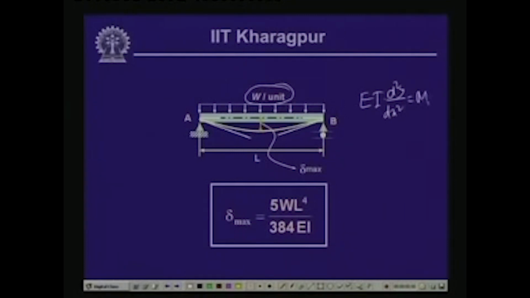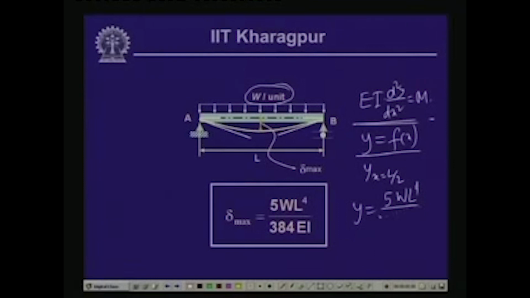If we do that, we can get the value of y as a function of x, and then if we evaluate y at x equals L by 2, we get the expression y equals 5 W L^4 by 384 EI.